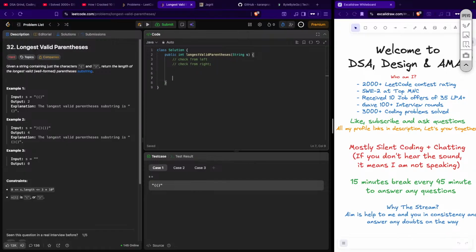Okay. At any given point, if I'm going from left, if close is more than open, then break it. Right? Not sure if I'm thinking correct, but yeah.